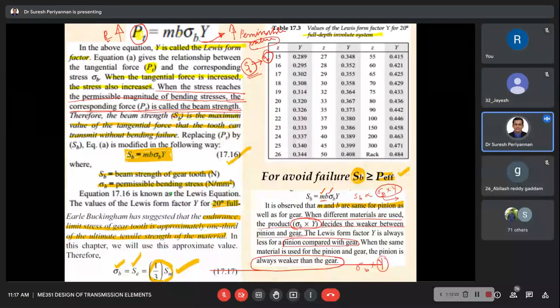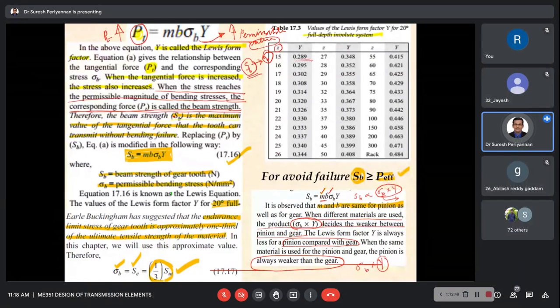You may expect this type of question. Now see the table for the Lewis factor Y for the 20-degree full depth involute gear tooth profile. Suppose the number of teeth is 15; this is the Lewis factor.